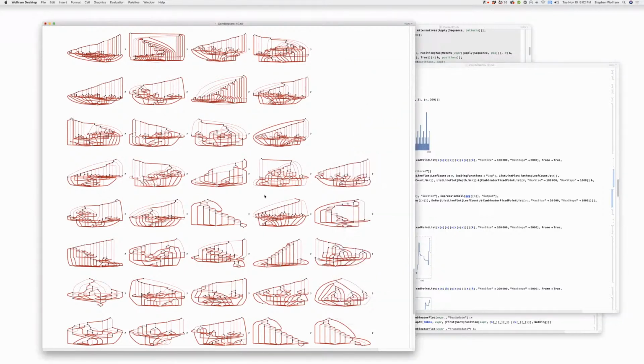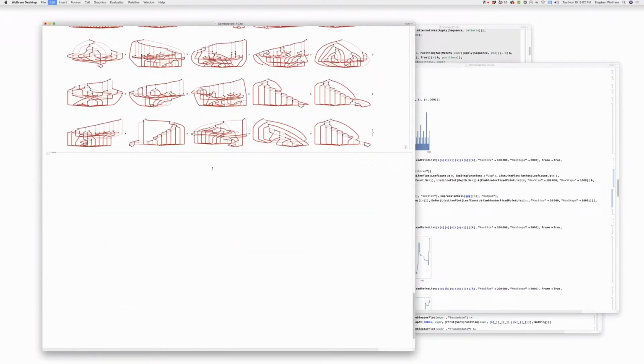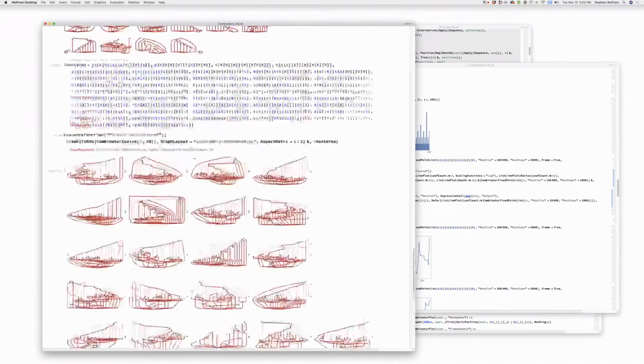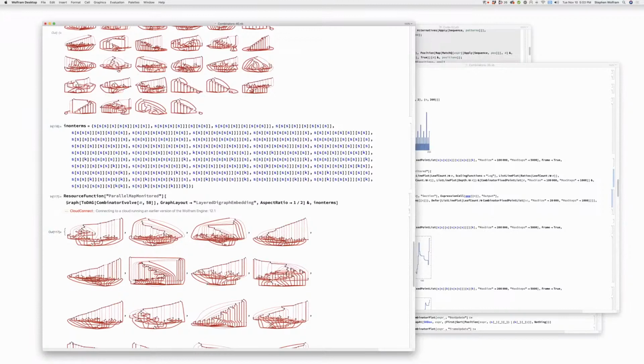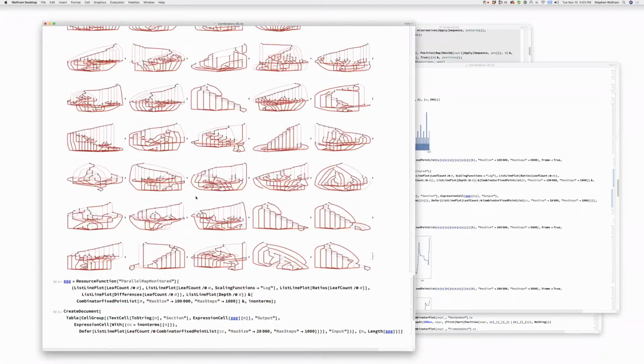Okay, so let me just show a piece of technology here that's relevant, because I want to look at these. I'm going to show a few different aspects. Hold on here. Oh, and I also want to show the differences plot that I was looking at before.